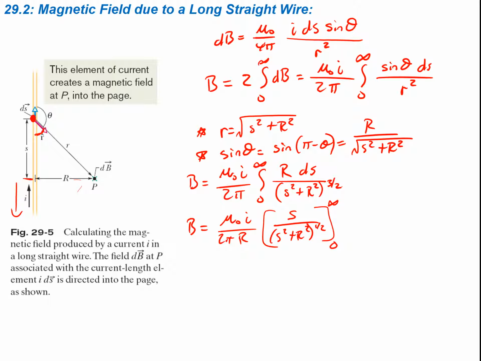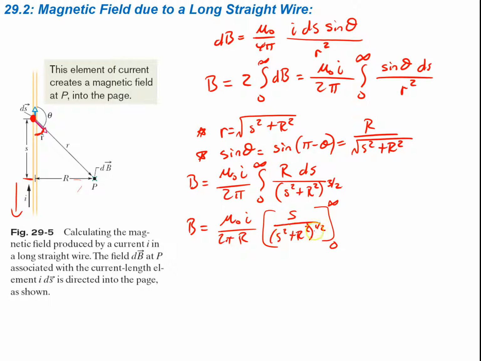Looking at our limits, at 0 this whole thing is going to be 0, because if you plug in 0 for s, this whole term is 0. At infinity, you have s on the top, and you have s squared square rooted, and the constant has no effect on the equation. That's just going to disappear as you go to infinity.